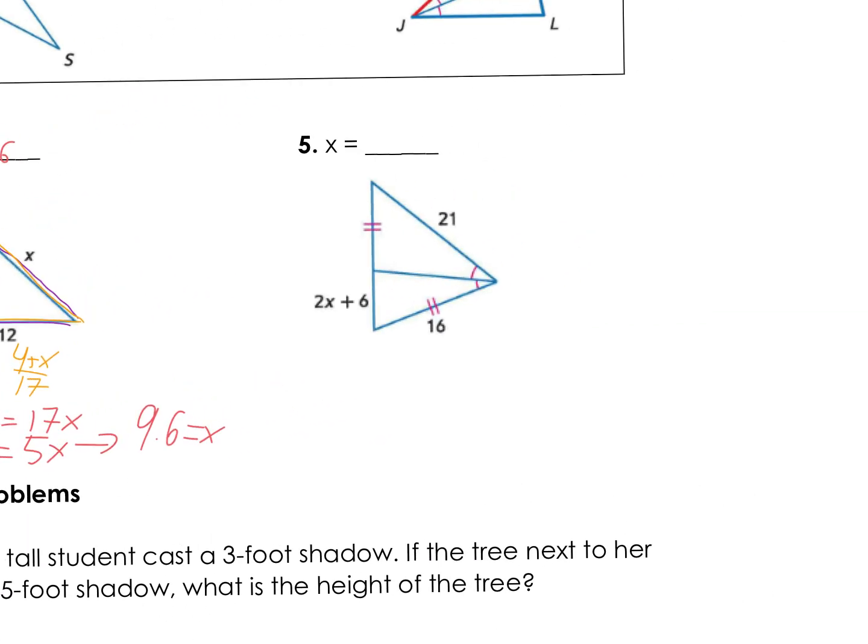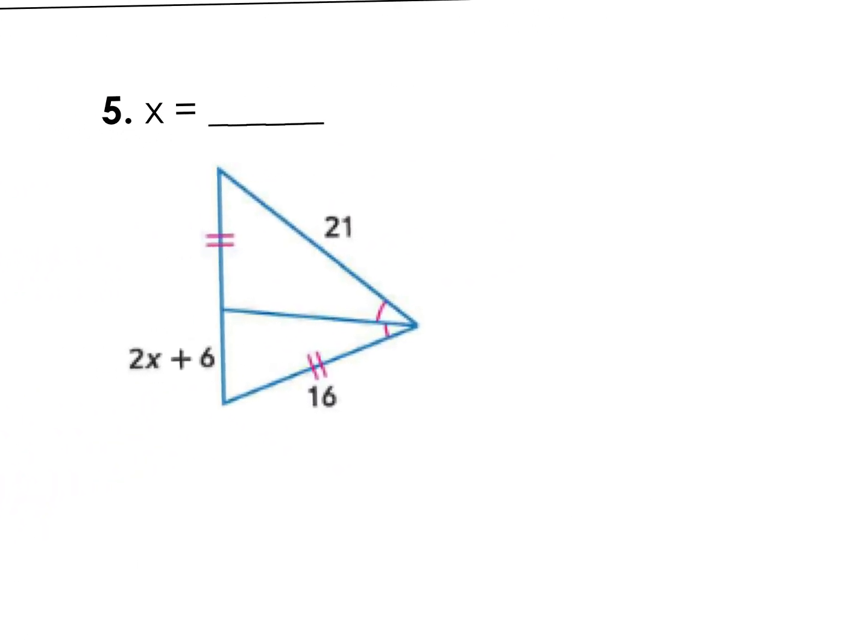Number 5, x equals something. I've got two triangles here. I know that this side is the same as that side, so this here is also 16.